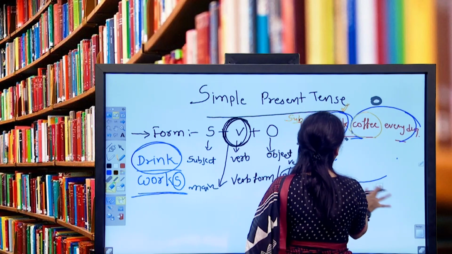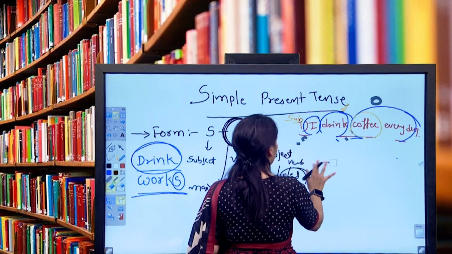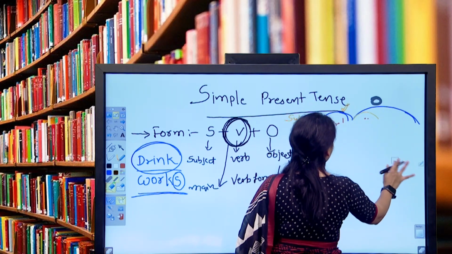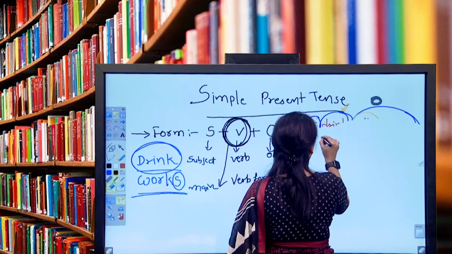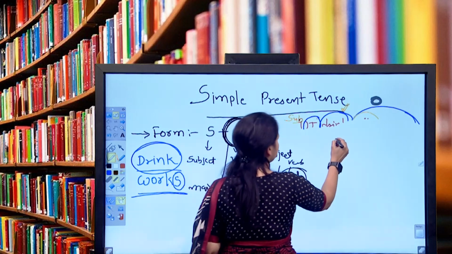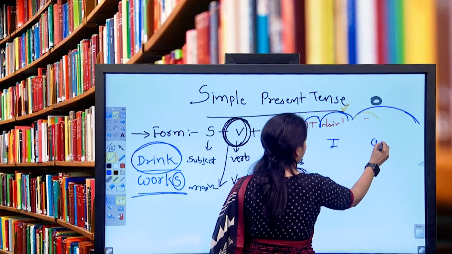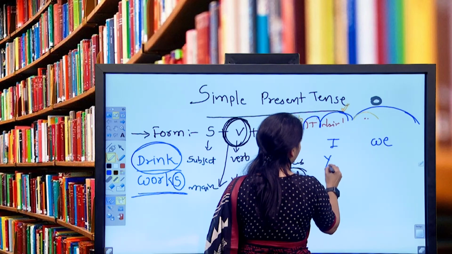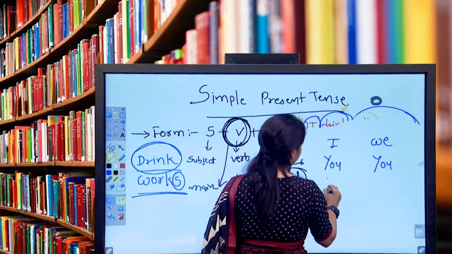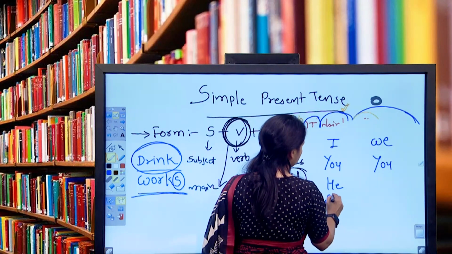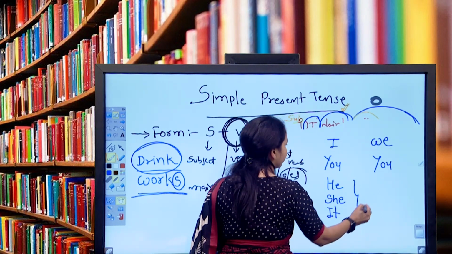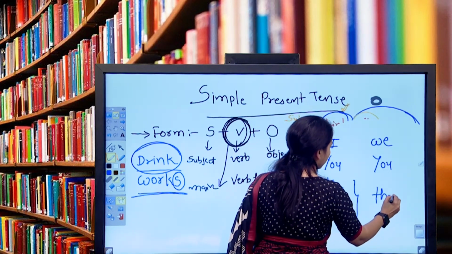For simple things we have to keep it in mind. Let me show you one chart of it, it will clear everything. I, we, you, he, she, it, and they.